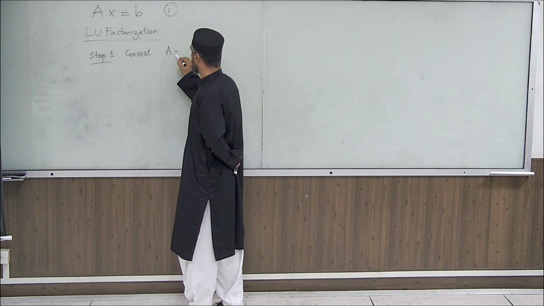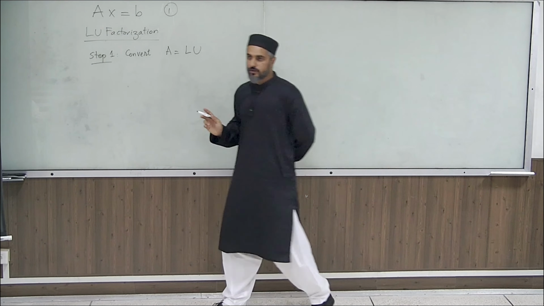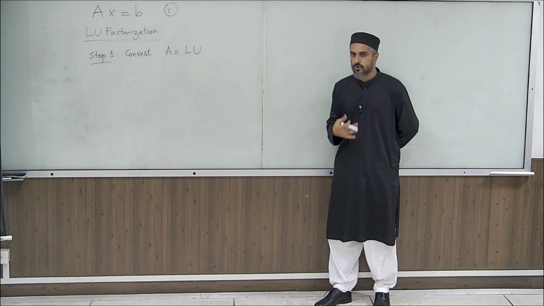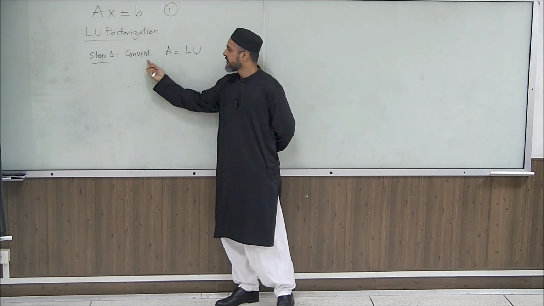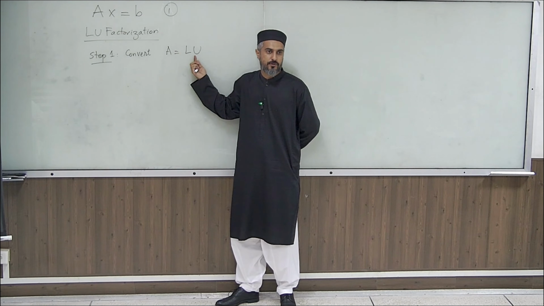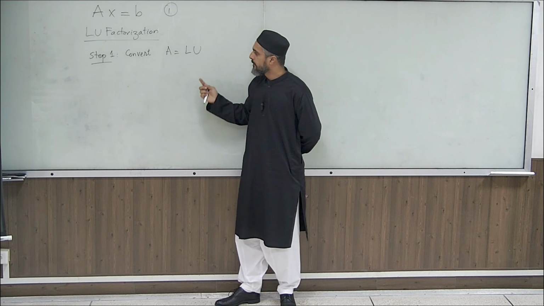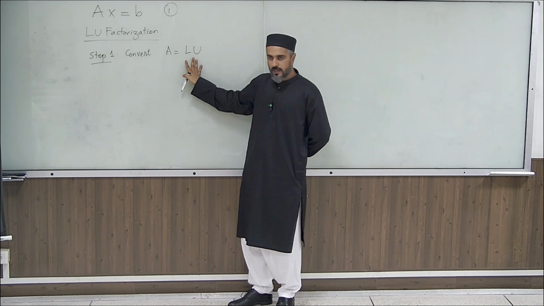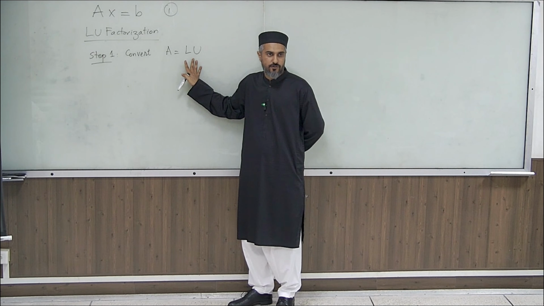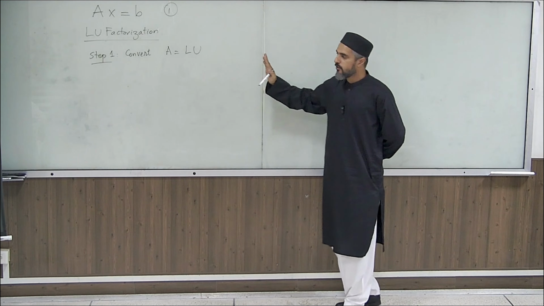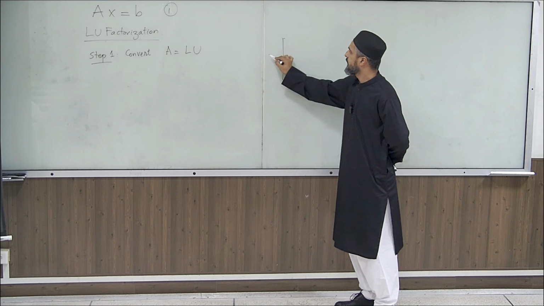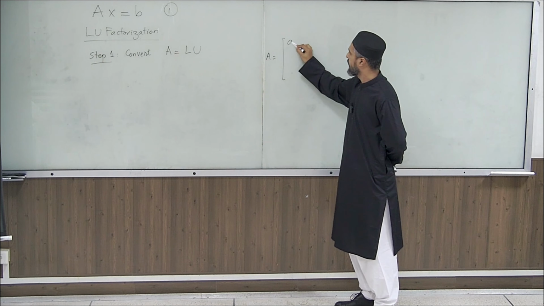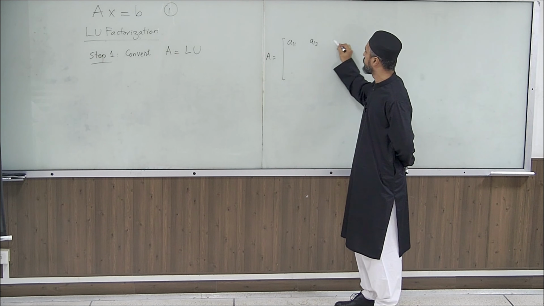Convert A into the product of two matrices, a lower triangular matrix and an upper triangular matrix. We have to convert matrix A into this particular product. Let me write it by taking an example: A is A11, A12, A13.